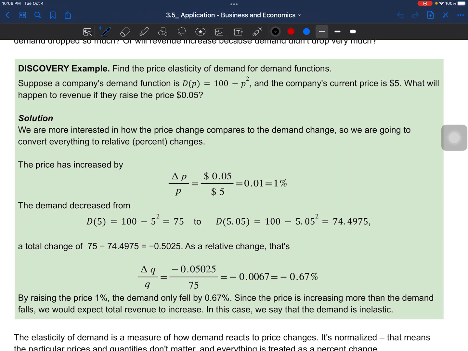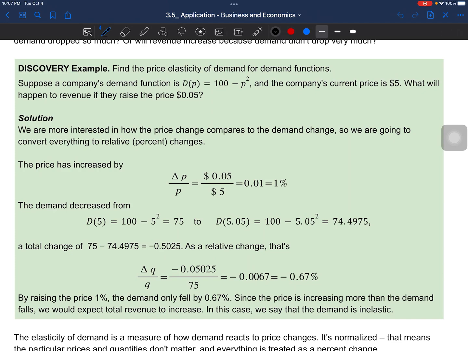We are more interested in how the price change compares to the demand change. Would a small change in the price be a big change in the demand, or a small change in the demand?